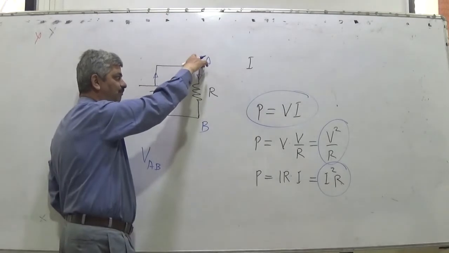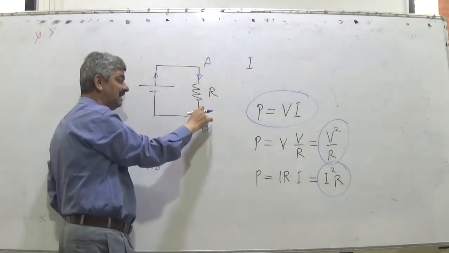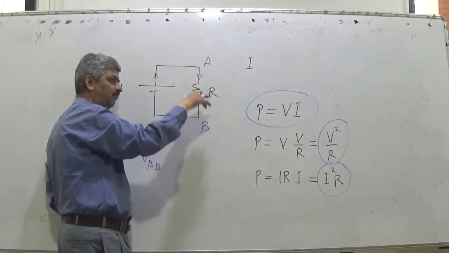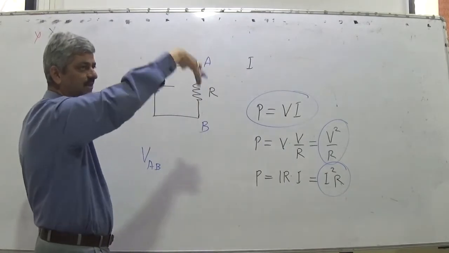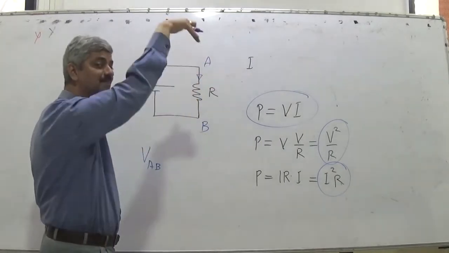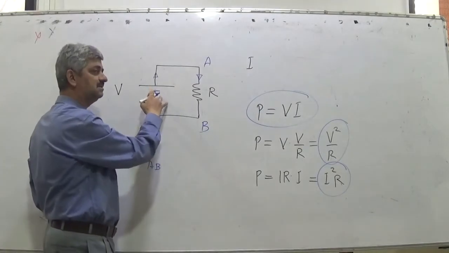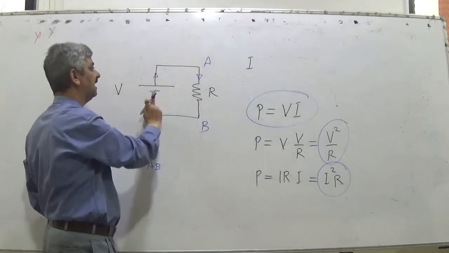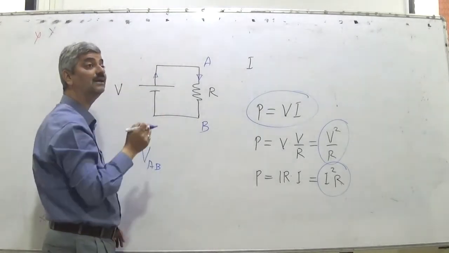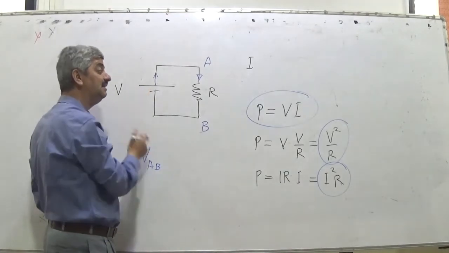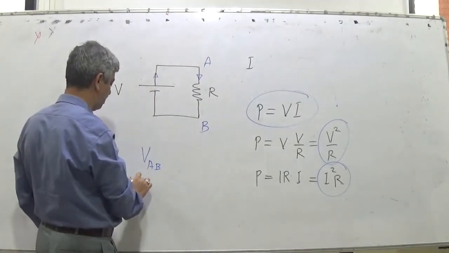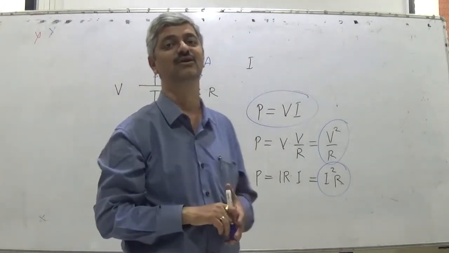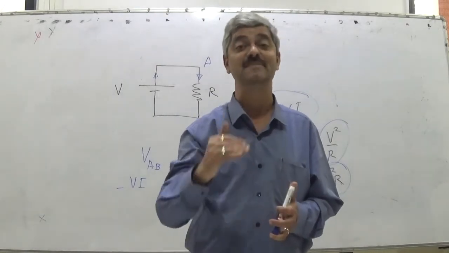Power is dissipated in a resistance because current is flowing in the direction of voltage drop. And what about this? Voltage direction is, this is more voltage, less voltage, and the current direction is this. So power dissipated in the battery is negative, or rather dissipated in battery is the wrong terminology. The battery supplies power.